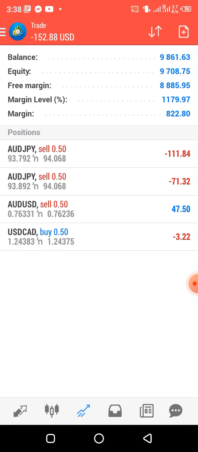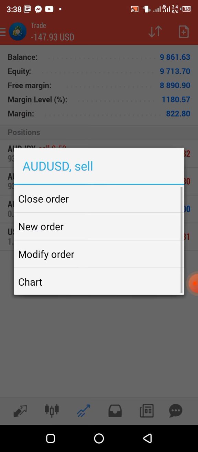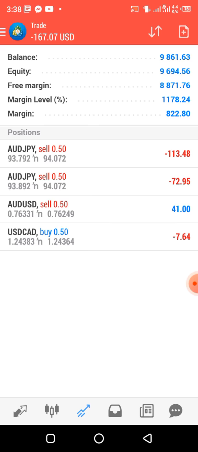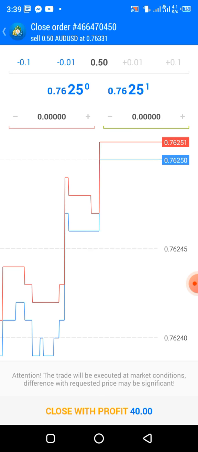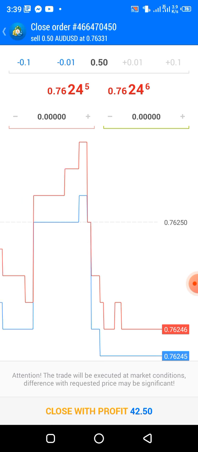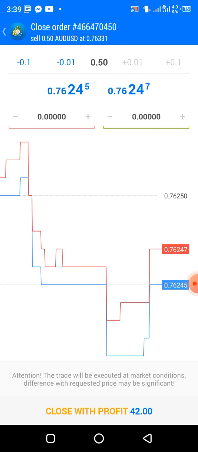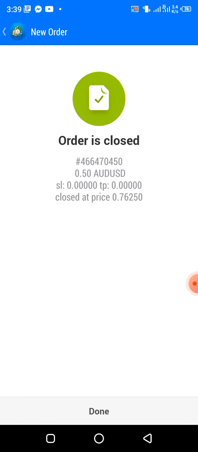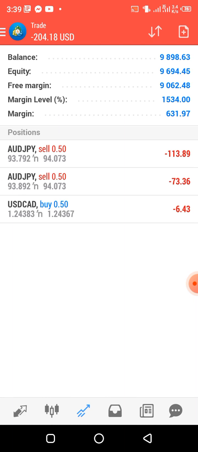For me to close it, I can click this and hold and close order, or I can slide this. You can see the tick here simply means close order, so you can see close with profit $42.50. So I can click on close, and this is going to record as a profit for me. So I've closed that order, and I'm now having just 3 orders right here.